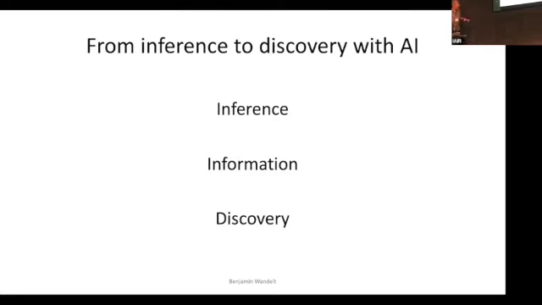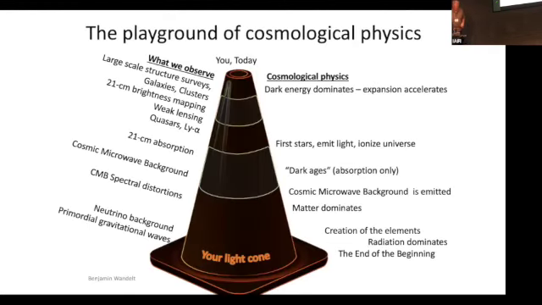Before I do that, let me first give you a 4-slide crash course in cosmology, because I know not everyone here is a cosmologist. So the playground of cosmological physics is this. You're here today. This cone represents everything that you see when you look out into the sky.